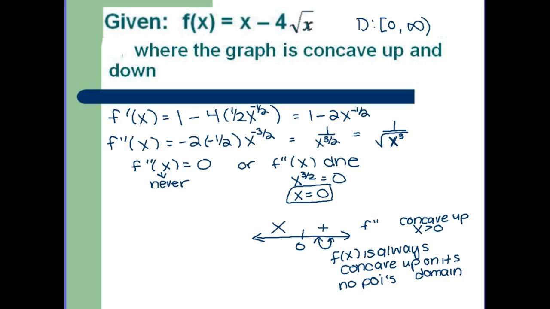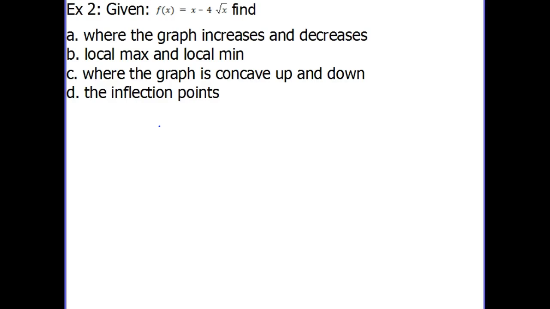Okay. So we need our first derivative to do the increase and decrease and mins and maxes. So I'm going to take the 1 minus 2x to the negative 1/2 and set this equal to 0.